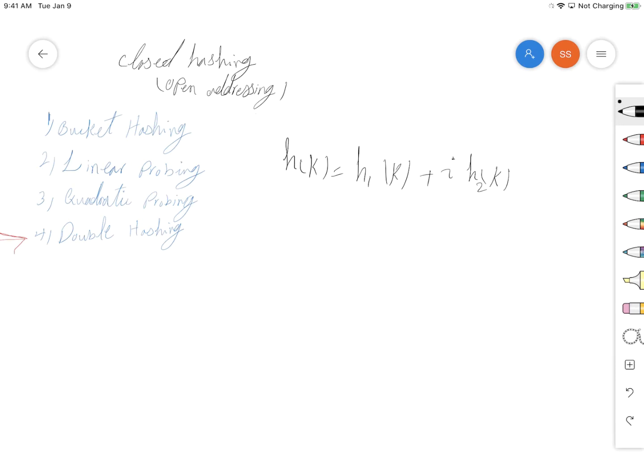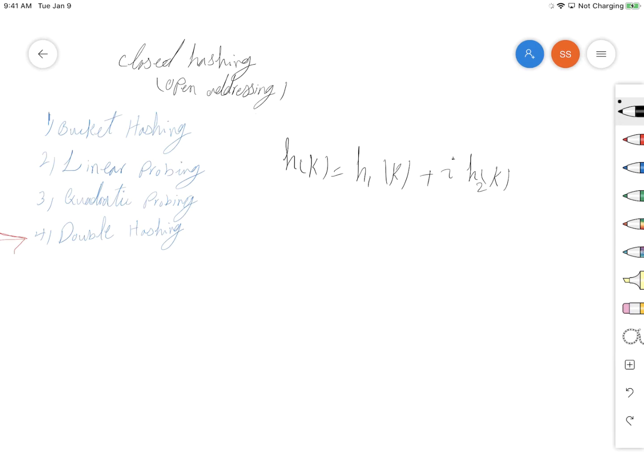Let's say we have the hash function h of some key k equal to h1 of k plus i times h2 of k. So we have two hash functions here.